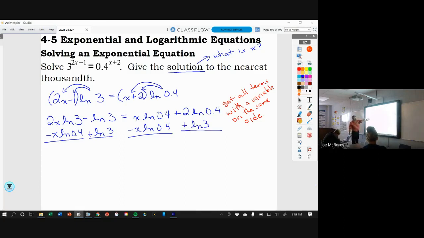These don't combine, they're not like terms, so I'll keep them both. I have 2x natural log of 3 minus x natural log of 0.4 is equal to, because natural log of 3 is gone, and on the right side this term is gone but I still have this piece left, 2 natural log of 0.4 plus natural log of 3.